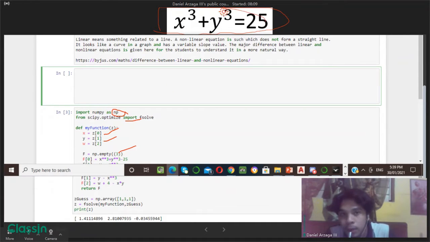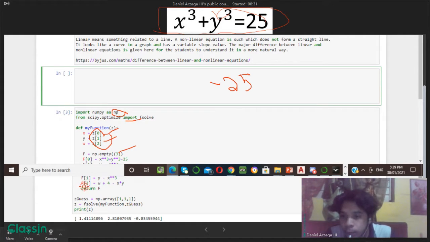So, pag punta dito, magiging negative 25 na siya. So, minus 25. Tapos, after nyon, yung dito sa may function na naka-bracket, ikakapin mo dito sa f1. Tapos f bracket 1 equals y minus x raised to 3.